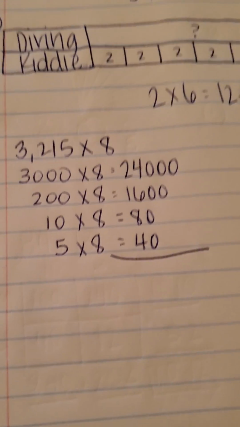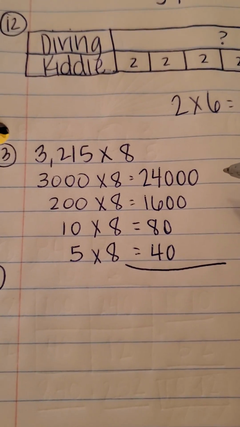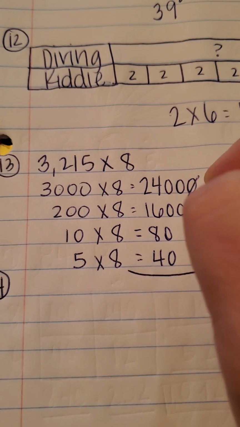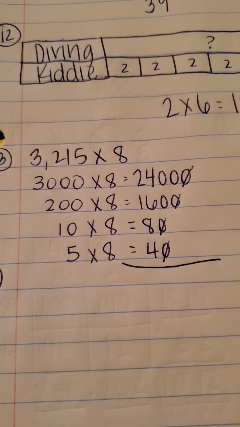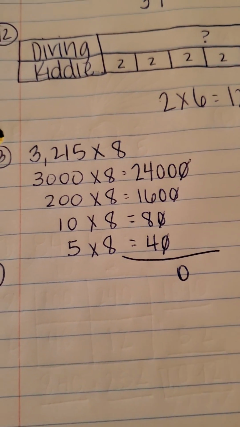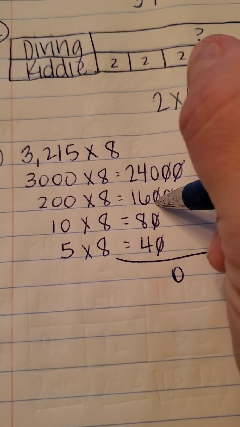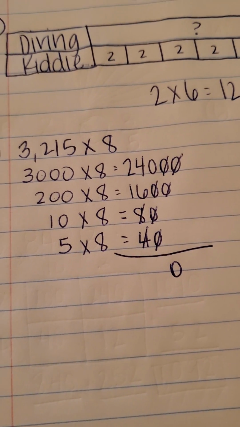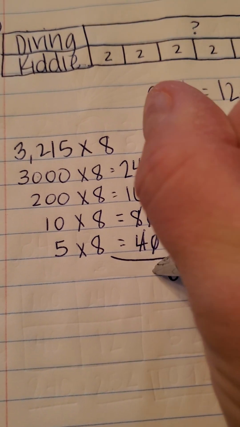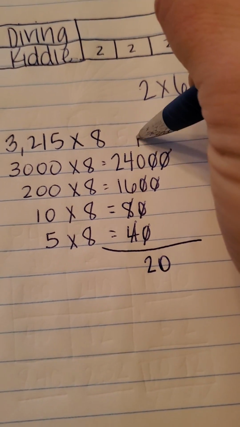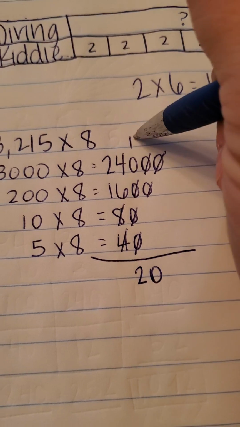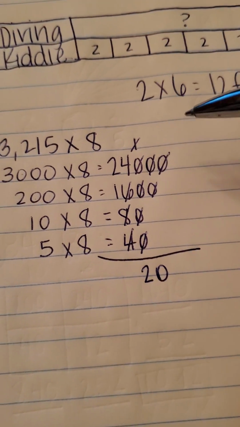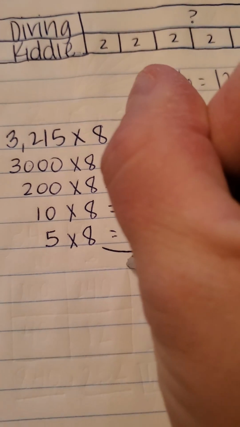We need to make sure that we're adding all of our ones, our tens, hundreds, thousands. Okay, so 0 plus 0 plus 0 plus 0 is 0. 0 plus 0 plus 8 plus 4. So what is 8 plus 4? That is 12. Let's put my 2 here, my 1 in the hundreds. So I have 1 plus 0 is 1 plus 6. That is 7.